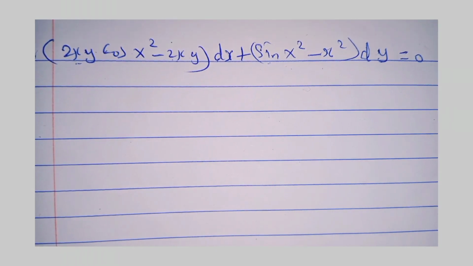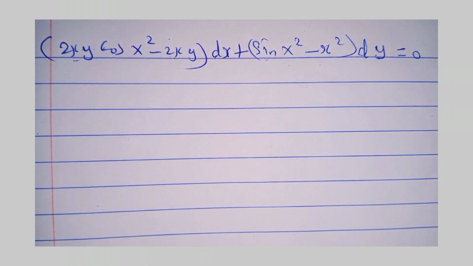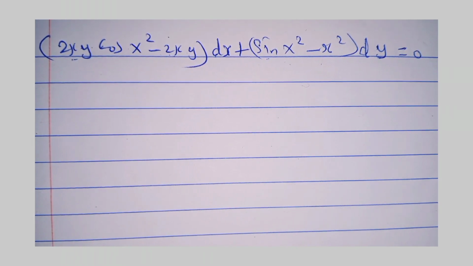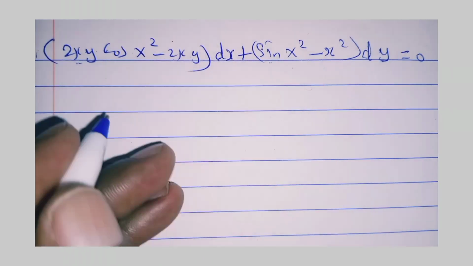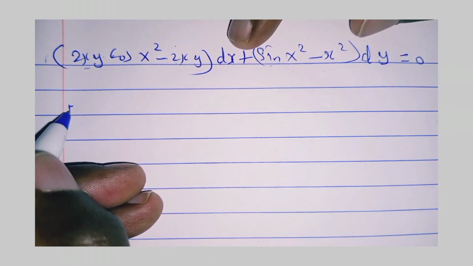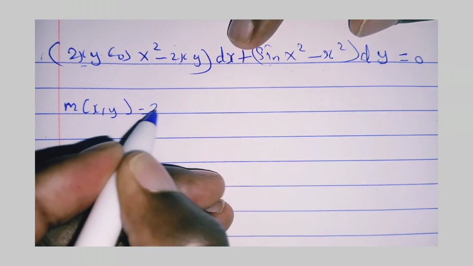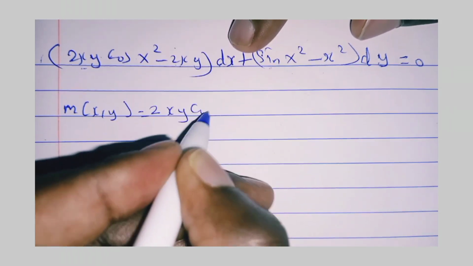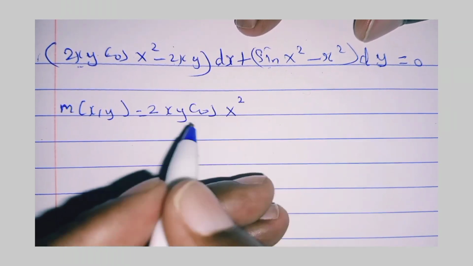So the first thing we do is to check whether this equation is exact or not. We write the function where dx is, the function of the form M(x, y). In our case, we are given 2xy cos(x²).